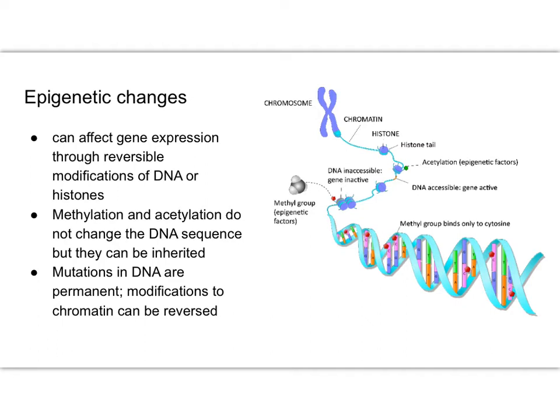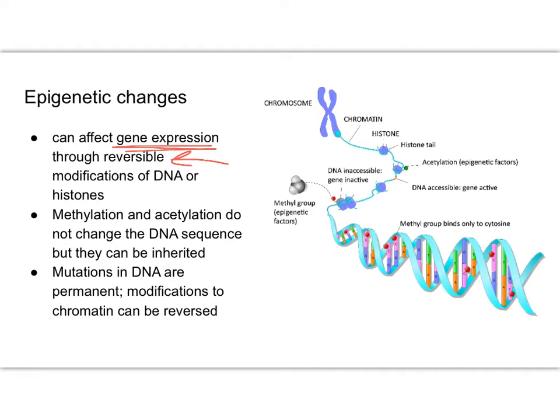Okay? These can impact our DNA, and they can impact which genes are being expressed, but they're not causing permanent change to the DNA. So epigenetic changes can affect gene expression, and again, these can be reversible through reversible modifications of the DNA or of the histone. Again, this is not a permanent mutation DNA change here.